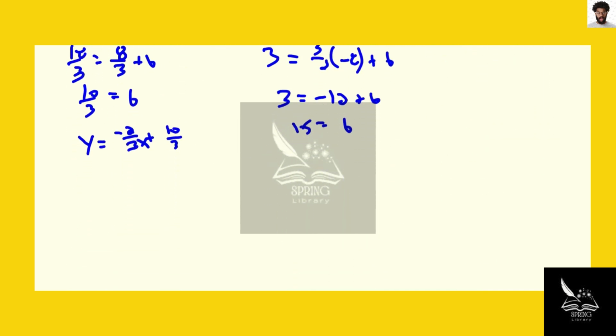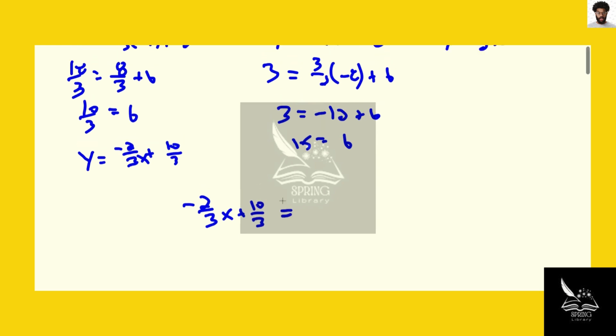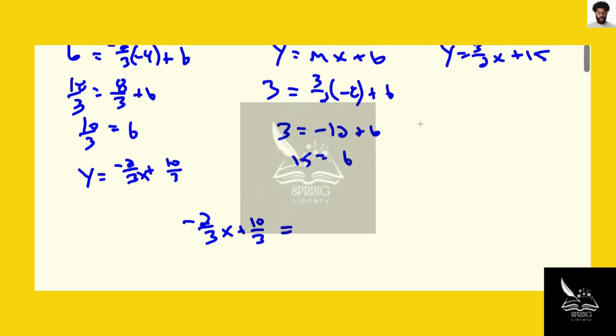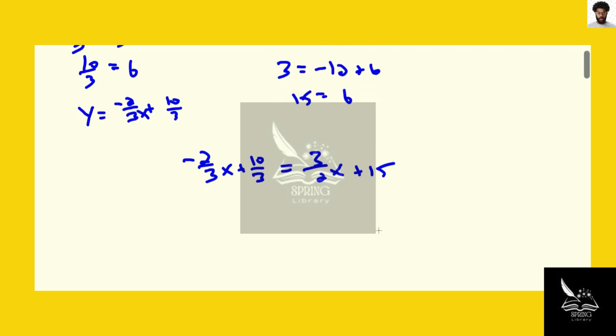So we set -2/3 x plus 10/3 equal to the perpendicular 3/2 x plus 15. Add 2/3 x to both sides, 3/2 plus 2/3. Common denominator is 6.